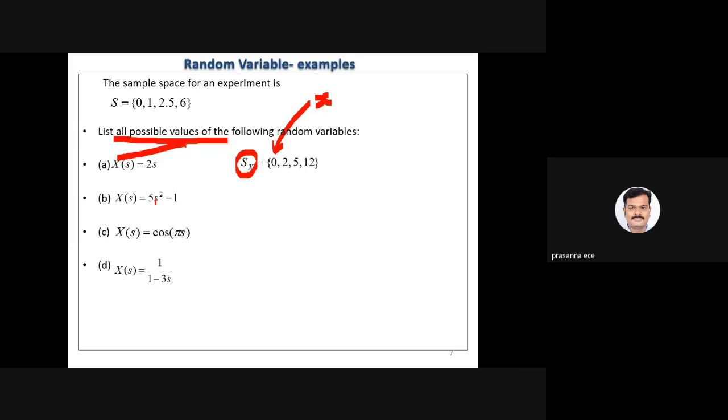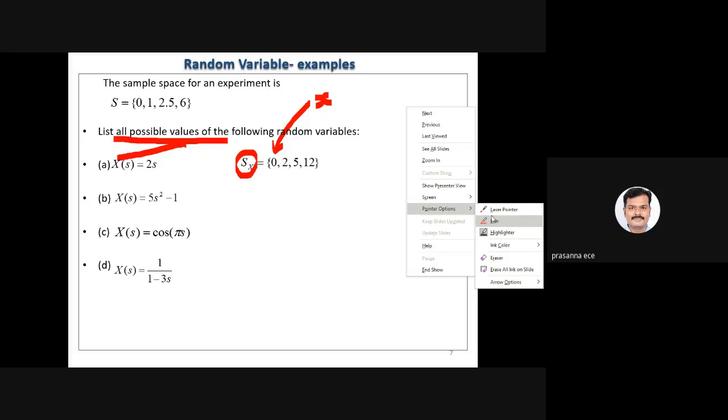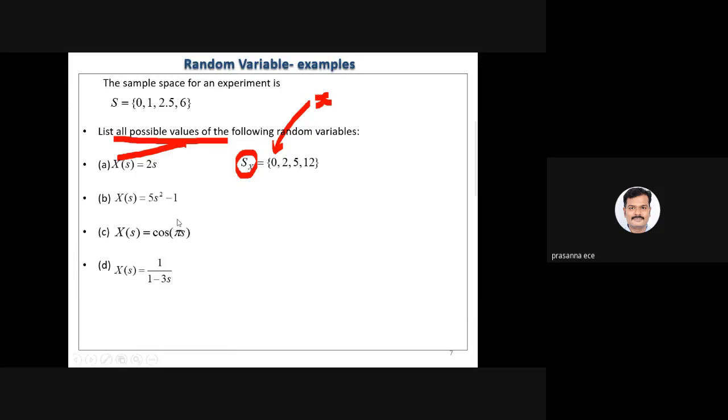Now, can you give the set of values for the second x of s? It is just a matter of substituting the values of s and finding out. The second one is 5s squared minus 1, so you plug in all the values: minus 1, 4, 30.25, 179.